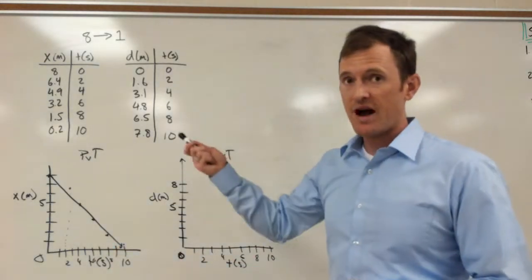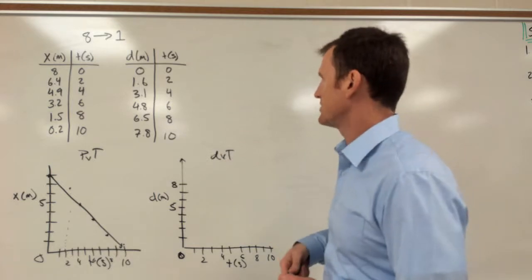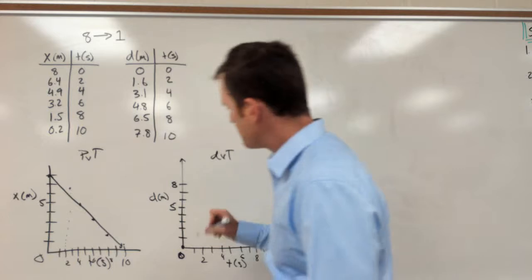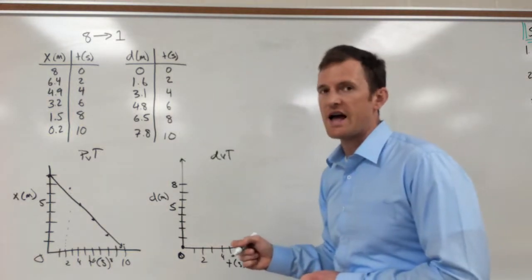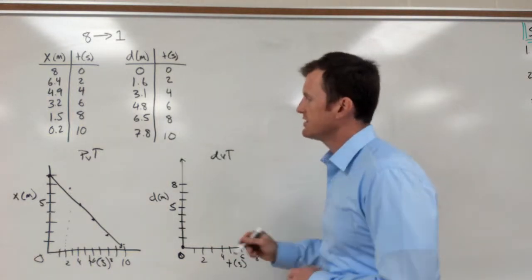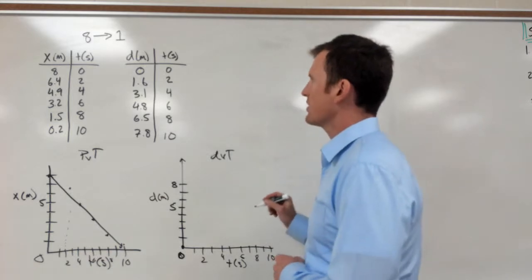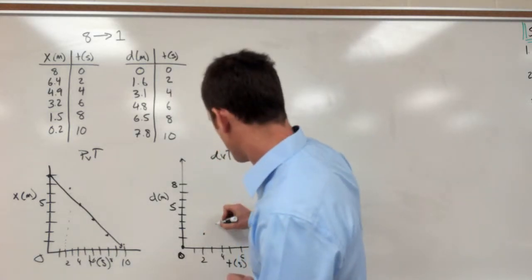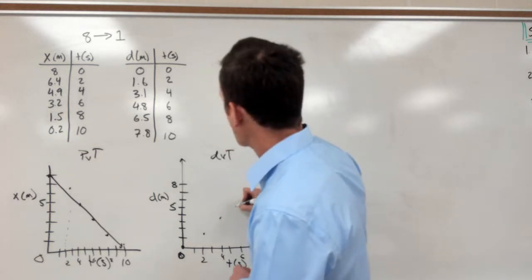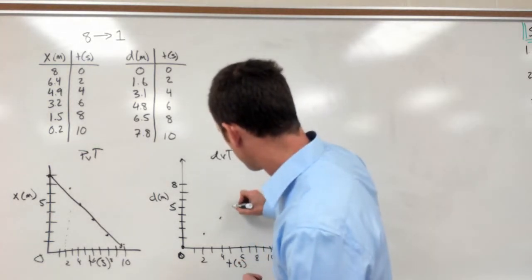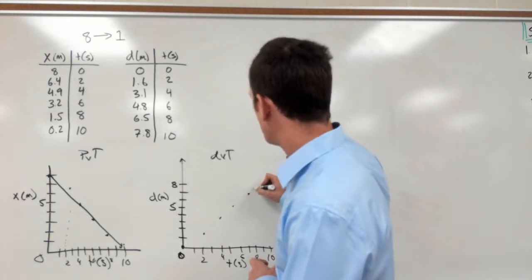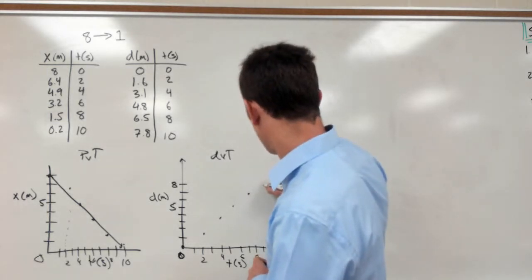But let us graph now our distance versus time graph. Essentially, we do the same thing, but again, our distance only adds up in one direction instead of taking direction into account over here. So we have 1.6, 3.1, 4.8, 6.5, and 7.8.